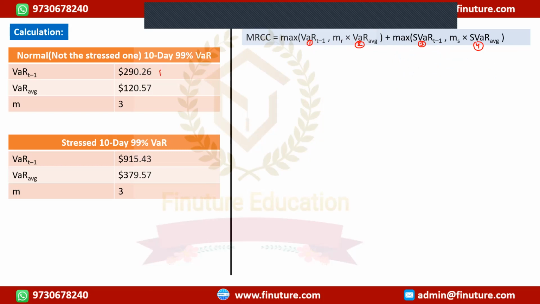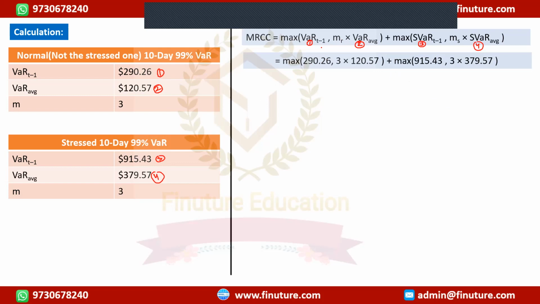From this table, this is 1, this is your second, and this is your 3 and your 4. I'm not deliberately labeling the multiplicative factors because in both cases it's 3. So these will be substituted. So it's 290 comma 3 times your 125.57, likewise 915.43 comma 3 times this, which is 979.57.